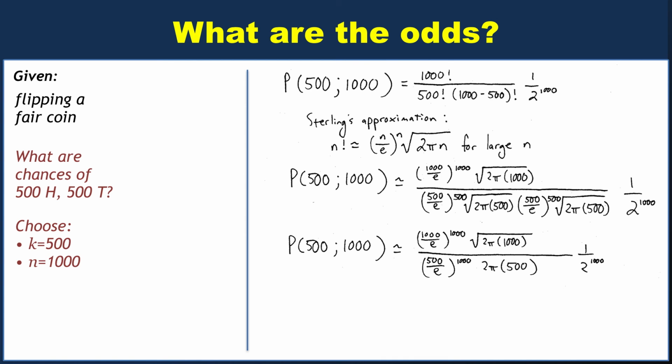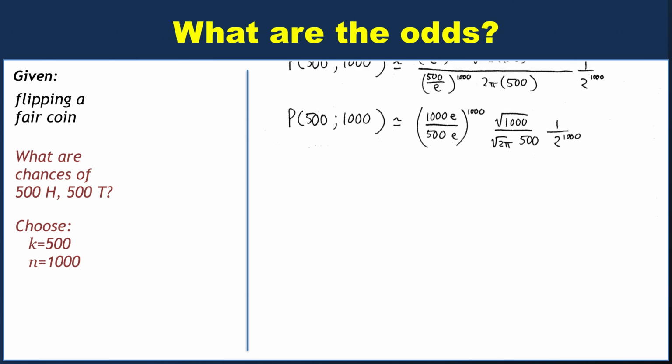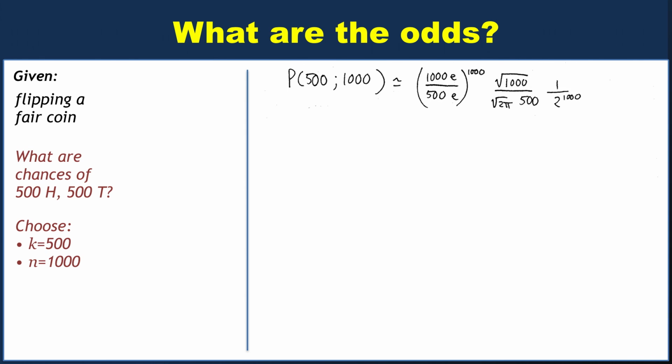Well, how is this helpful? Maybe you can see it. Now we have two things raised to the 1,000. That's kind of nice because that means that you can bring in their bases into the fraction, and if you do that on the next line, that just becomes 1,000e over 500e all to the 1,000. Well, that would normally be very messy, but the e's cancel, and actually you can see that 1,000 over 500, that's just going to be 2 to the 1,000.